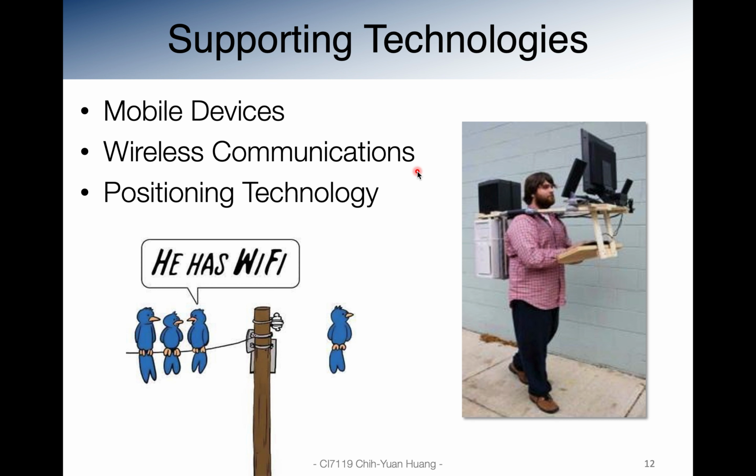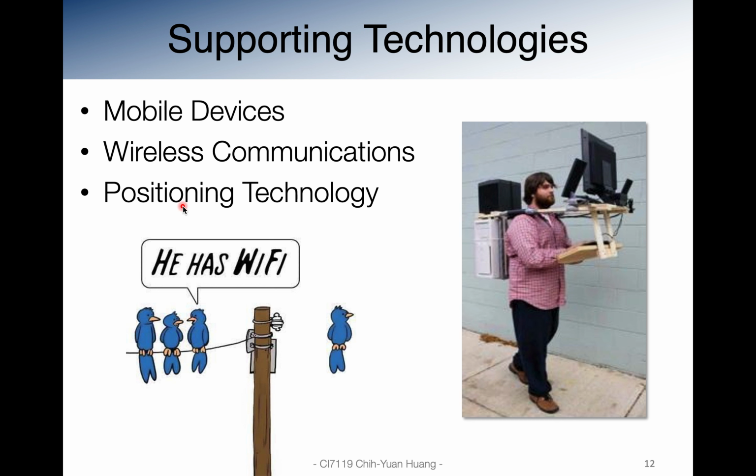When it's a mobile device, usually we won't have a cable to connect to the device. Most of the time we are using the wireless communication network to transmit information. So the wireless communication is also one of the supporting technologies in the mobile GIS.